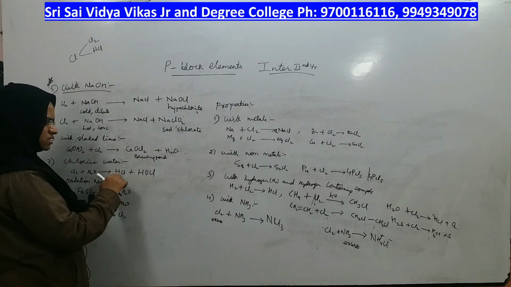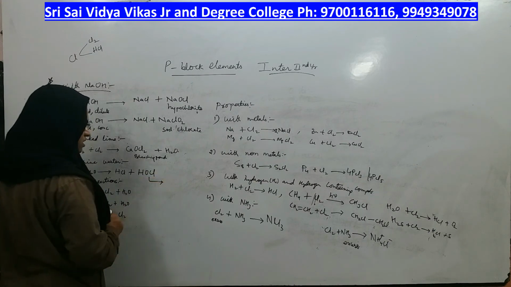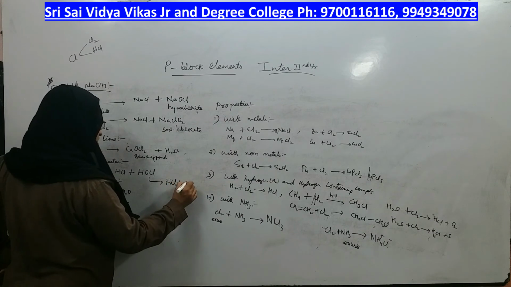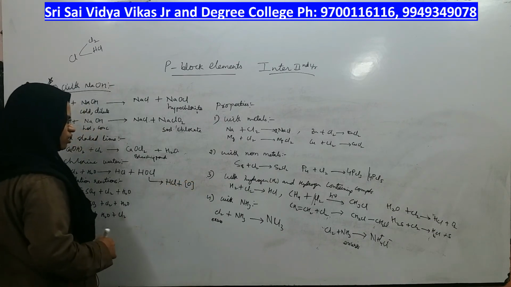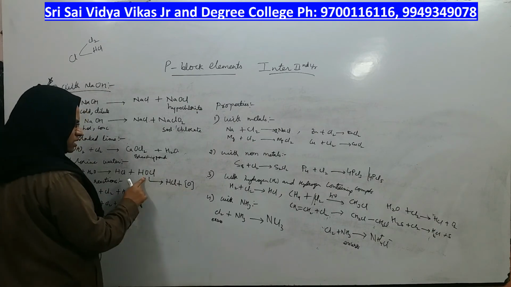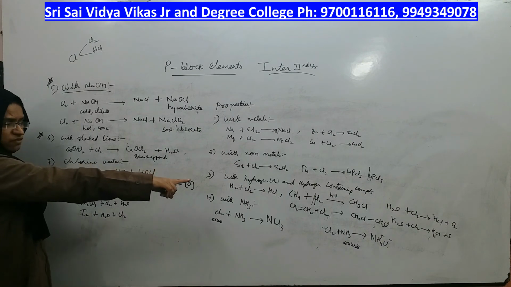HCl is a stable acid, it will not react any further, but hypochlorous acid is unstable, it will get converted into hydrochloric acid and release nascent oxygen. Nascent oxygen from one hypochlorous acid and nascent oxygen from another will combine to give you oxygen, which we have seen there.